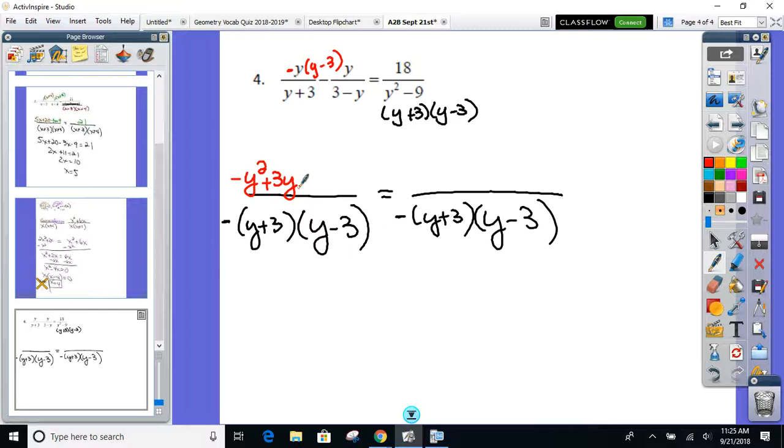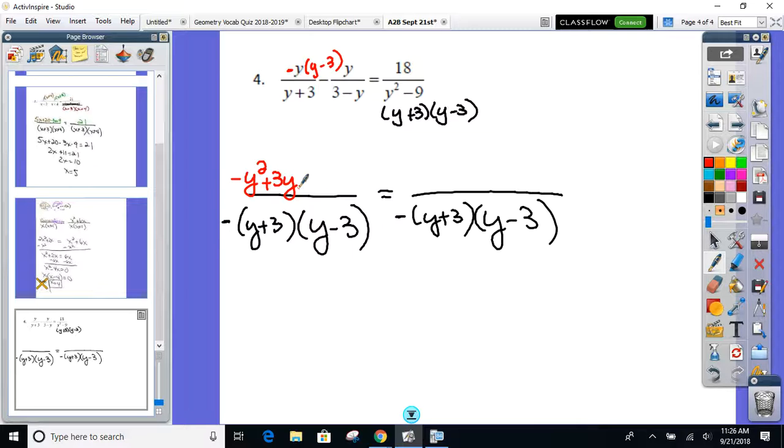Oh boy, here you go. This is where the tough part of the problem comes in. What the heck do I multiply that second fraction by? Well, let's take a look. These two right here. If I take this negative sign and put it here, what's the y going to become? What's the 3 going to become?